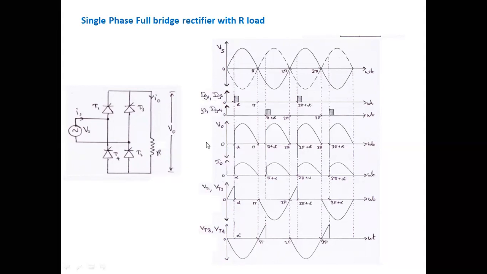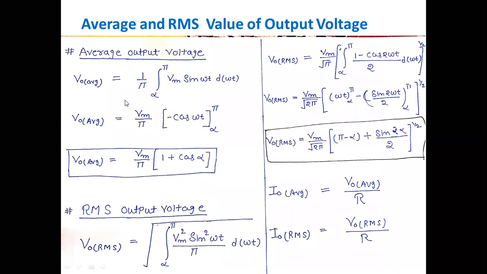So we can find the average output voltage, that is 1 upon pi, integrate between alpha to pi, Vm sin omega t. So Vm upon pi, the integration of sin omega t is minus cos omega t. The limit is alpha to pi. When we put the limit, we have the average output voltage equal to Vm upon pi, into 1 plus cos alpha.